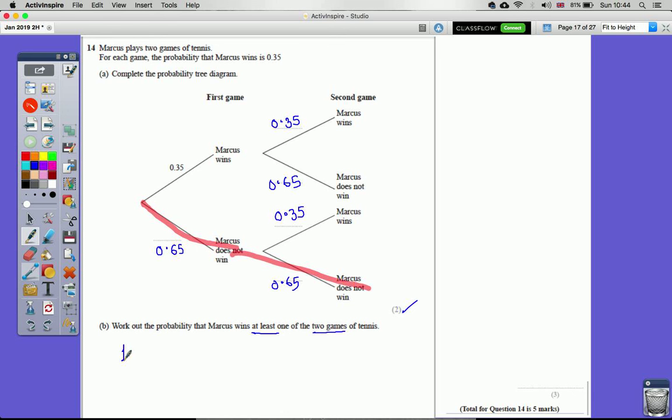One I can do is 1 minus the probability of doesn't win and doesn't win. So 1 minus the probability of does not win, which is 0.65, and 'and' is multiplication.